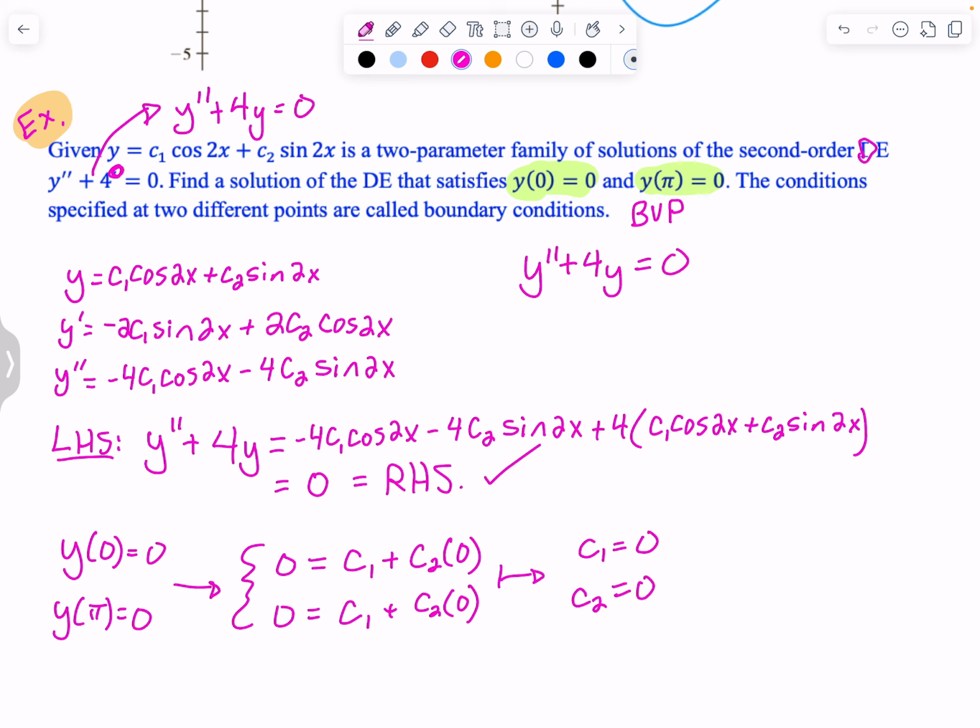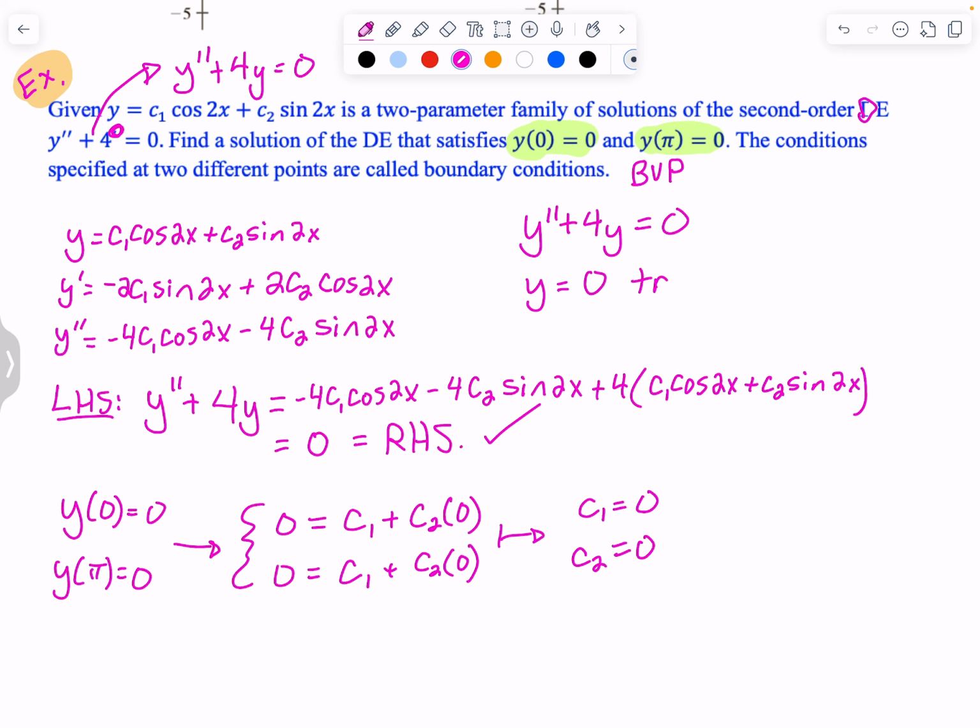And then remember our y is now going to be, if they're both 0, y equals 0. That one worked out, but we call this the trivial solution. We don't really want to use these because it's a super easy answer when there could possibly be a more complicated answer. And later on, we're going to have diffeqs where this is an answer, and then we actually have something else as an answer as well.